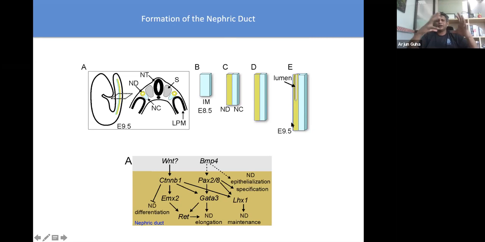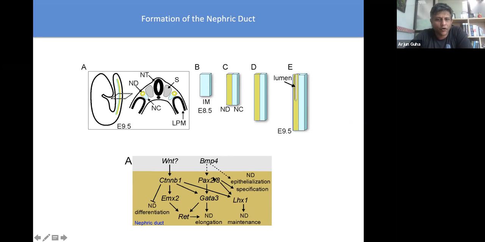So what is happening in the context of this developing embryo is that as the embryo is extending, meaning there is extension of the embryo from the cranial to the caudal axis, the intermediate mesoderm is also extending and growing in size, and the cells of the nephric duct in particular are undergoing a reorganization to form an epithelial tube.